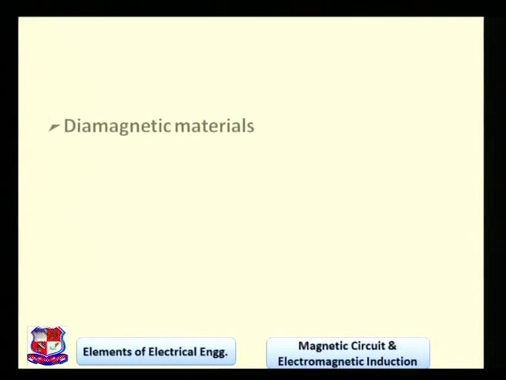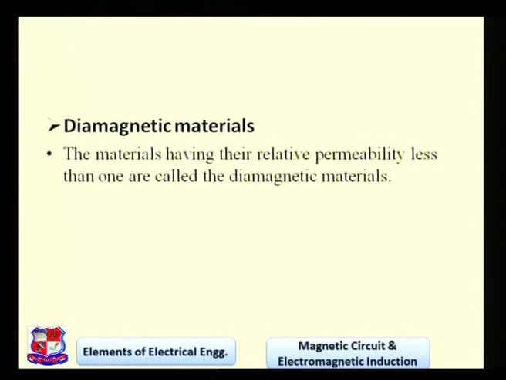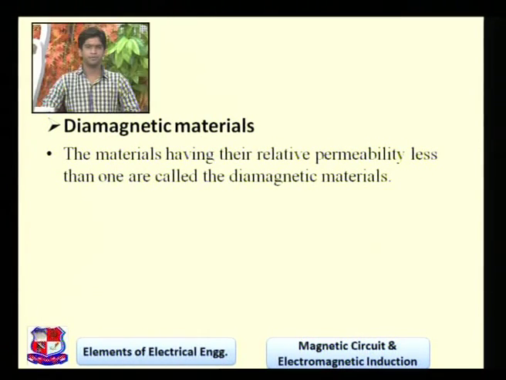The third type is diamagnetic materials. The materials having relative permeability less than 1 are called diamagnetic materials. It means that the relative permeability will be less than 1 and they will be repelled by a magnet.